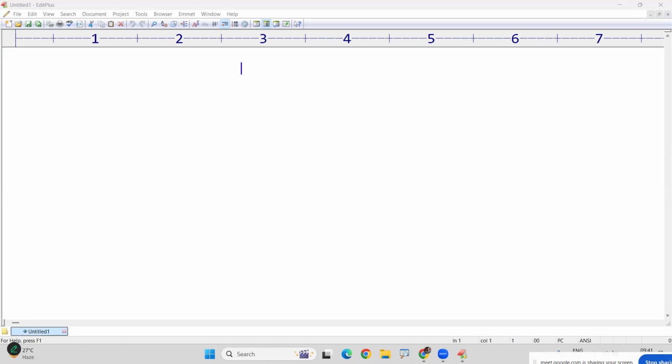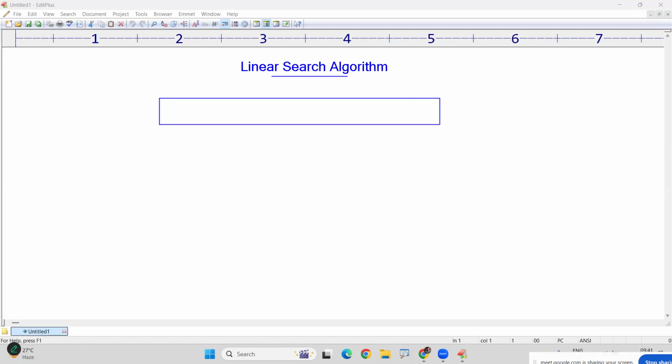Suppose it is a linear search algorithm. When can we go with linear search? When elements are not in proper order and are randomly placed. If elements are in order, we better go with the binary search operation.